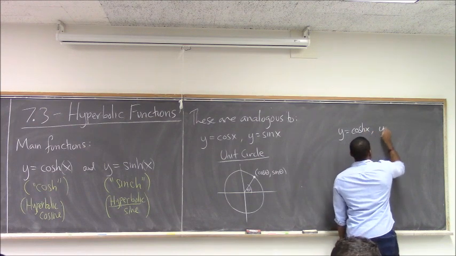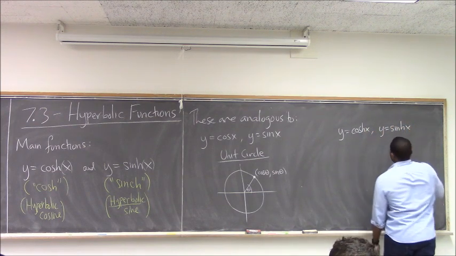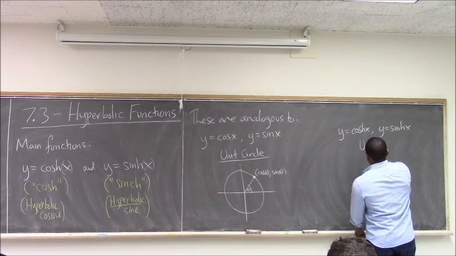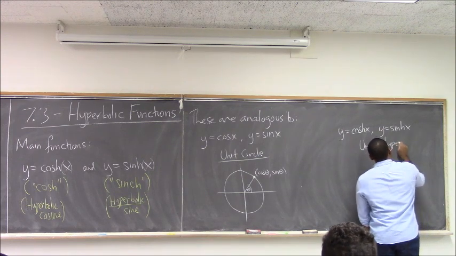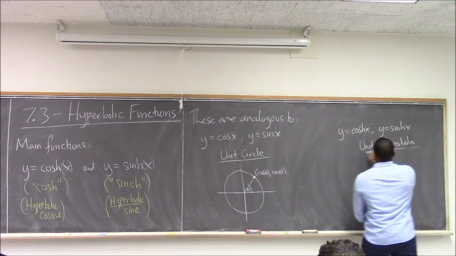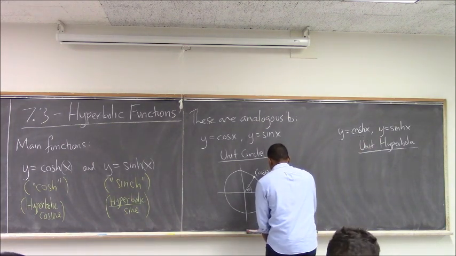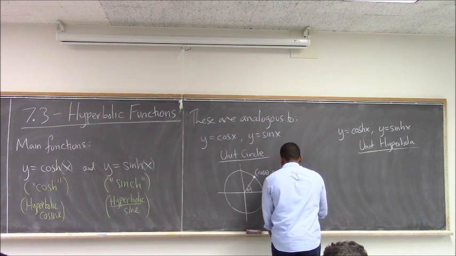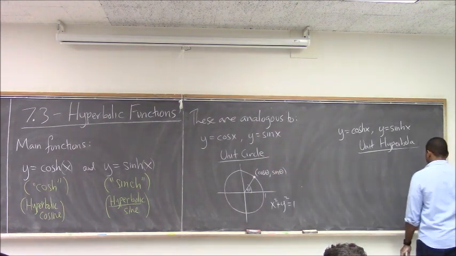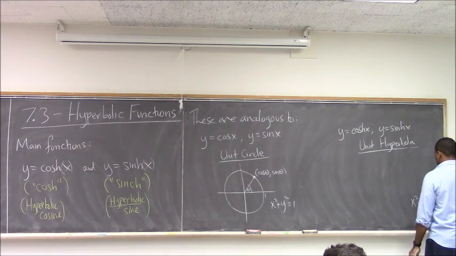If you look at cosh x and sinh x, they look at the unit hyperbola, and they kind of do the same thing. So this guy has equation x squared plus y squared equals 1. A hyperbola has equation x squared minus y squared equals 1.